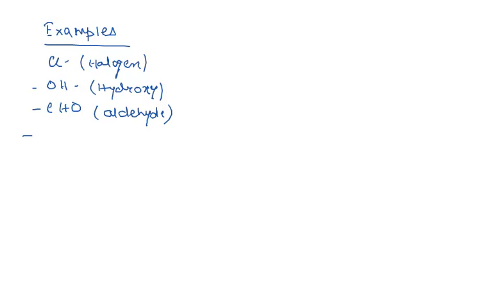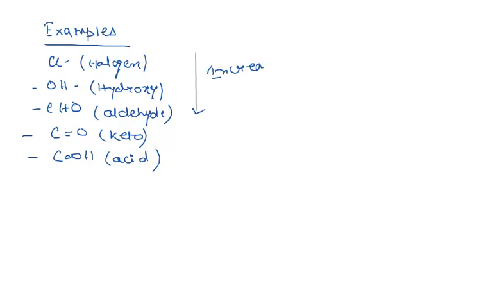Then comes your ketone group or keto group. Then comes what? Acid. So these are the increasing priorities according to which you have to number and name the carbon compounds.